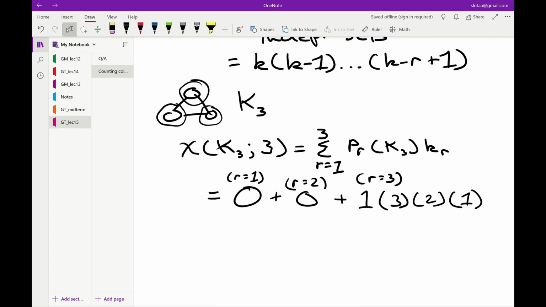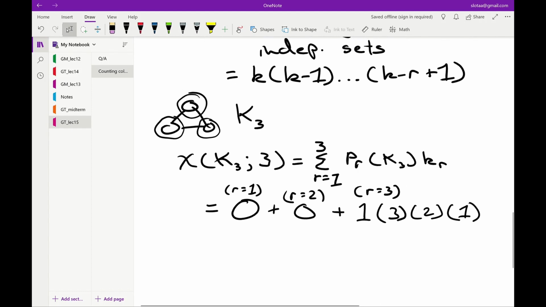So here, the value of the chromatic polynomial, actually solving it out explicitly like this, is equal to 6.